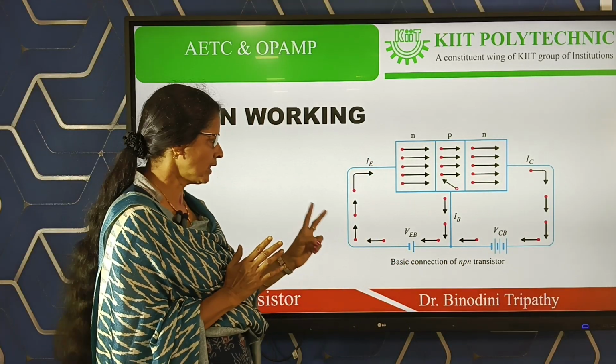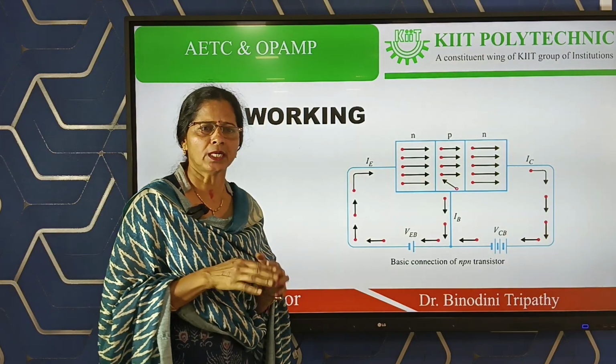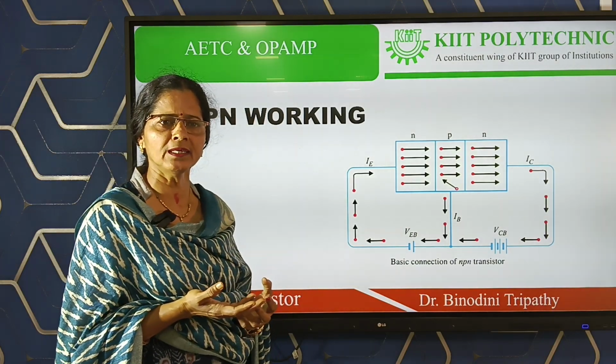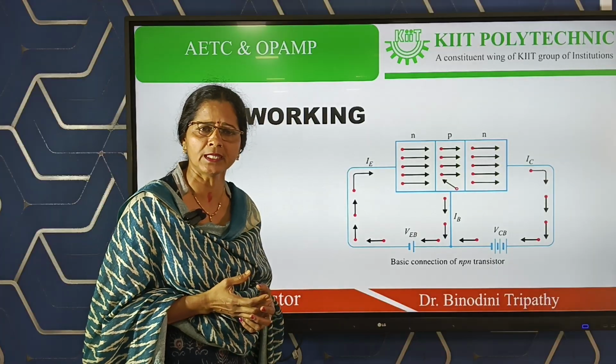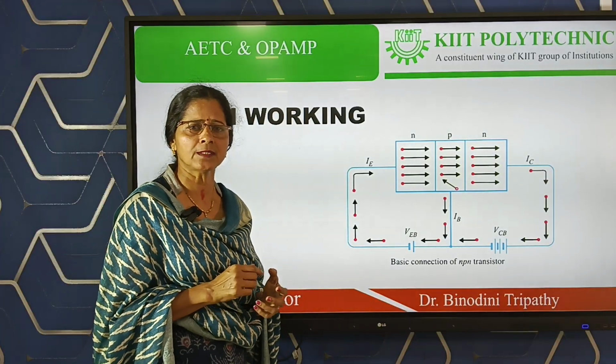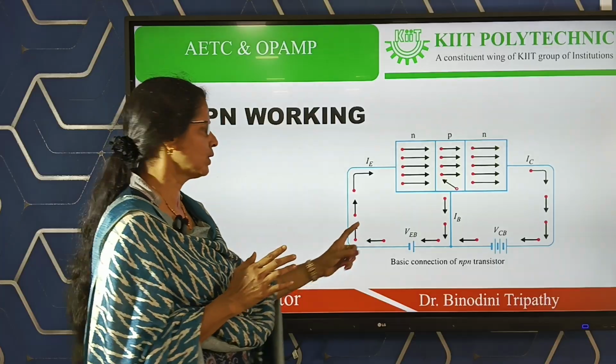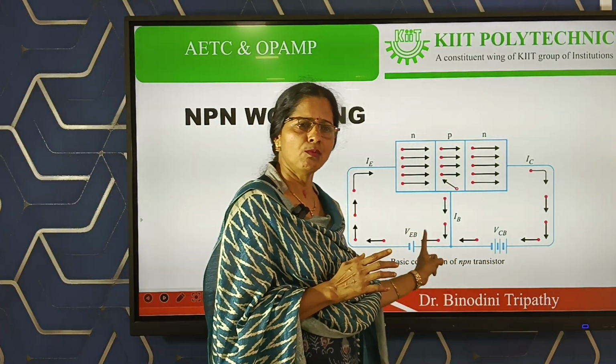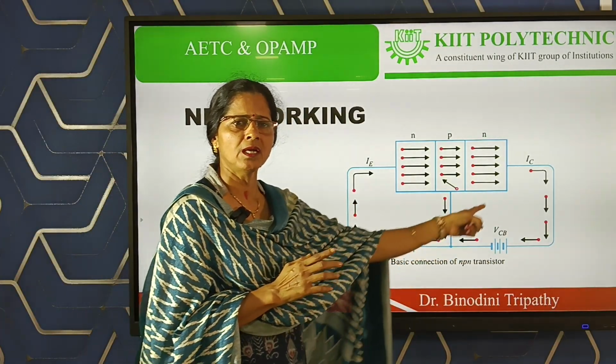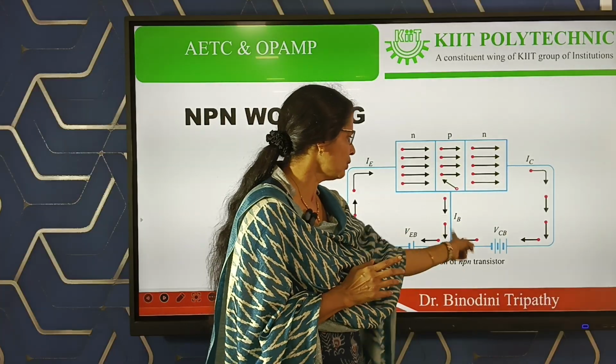These two DC sources are a must. Whatever the design process, the requirement is always two DC sources: one across the base to emitter, another across collector to base.